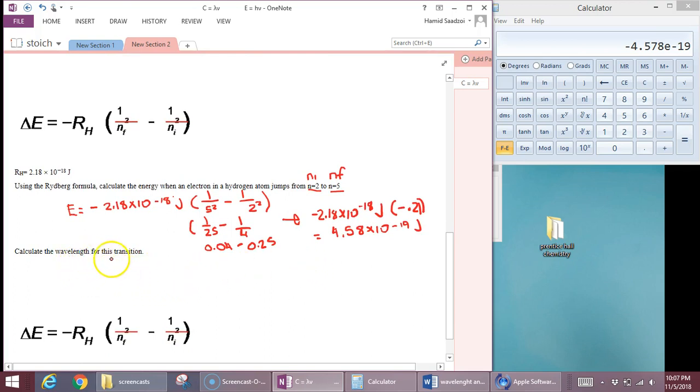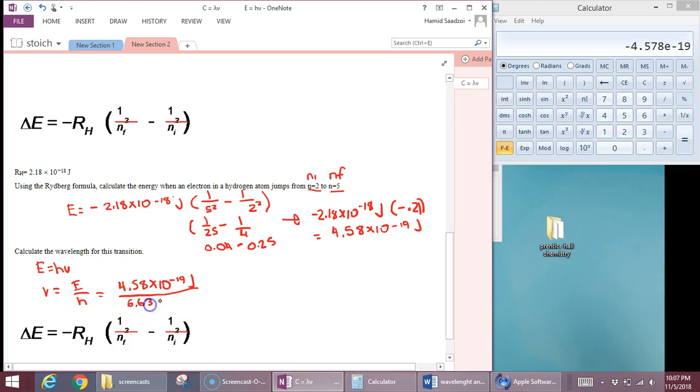Now we want to calculate our wavelength for this. Well, that's going to take a little bit more work because the only formula we know at this point is E equals hv. We have our E, so what we could do is solve for v. So v is equal to E over h. So E, remember, is 4.58 times 10 to negative 19 joules divided by h, which was 6.6.